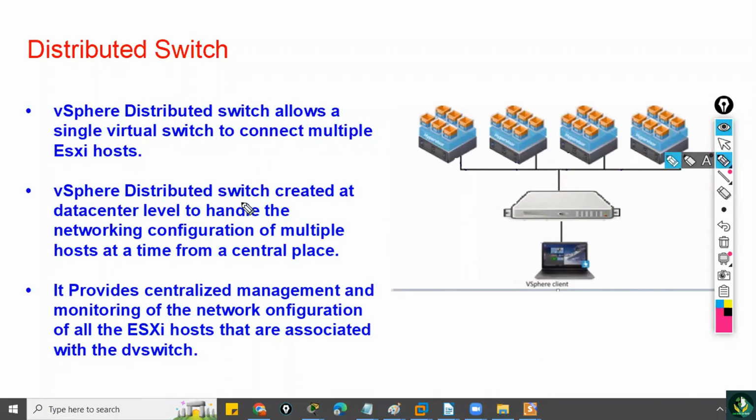So we see a distributed switch is created at data center level, and it provides centralized management and monitoring of the network configuration of all the ESXi hosts. As we have discussed, from a central point you can monitor the network configuration, or you can do the network configuration.